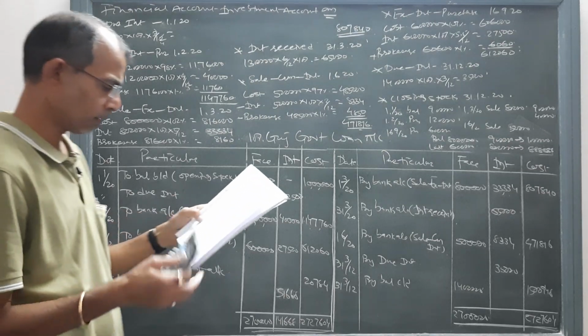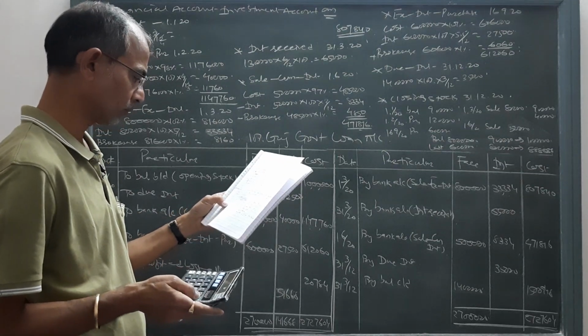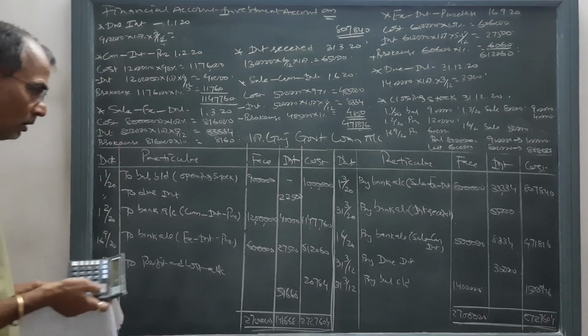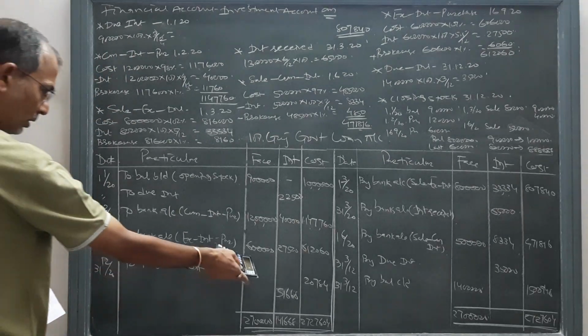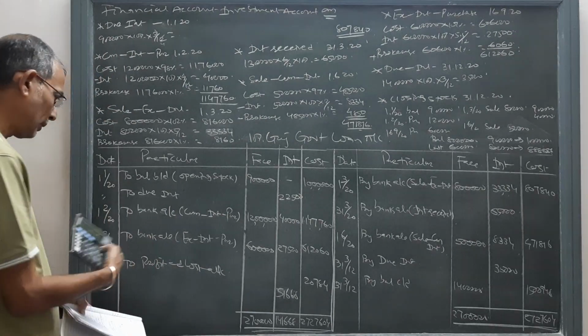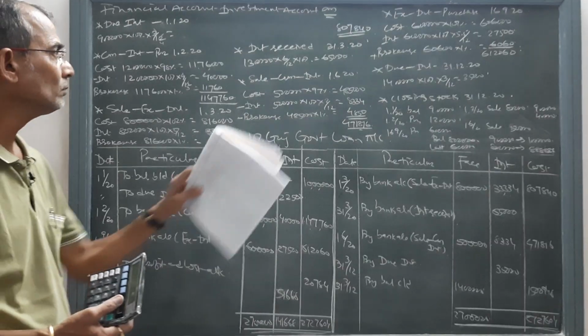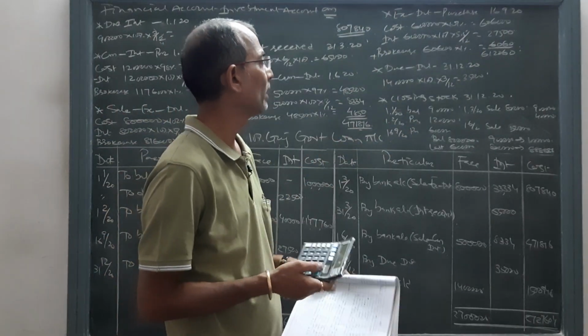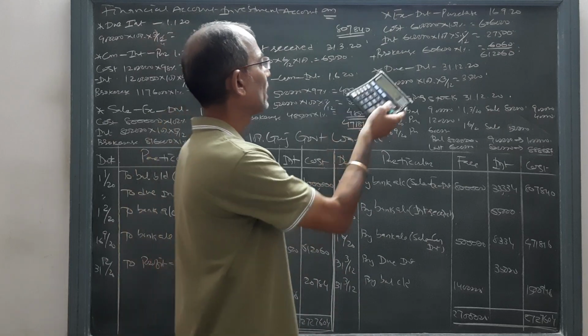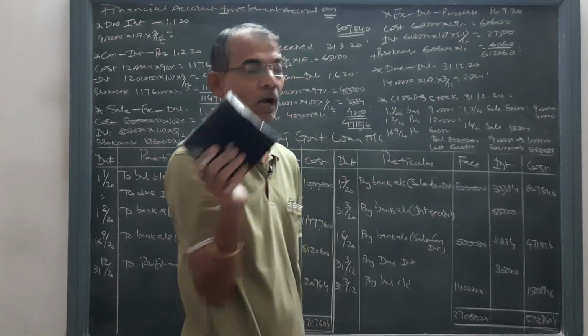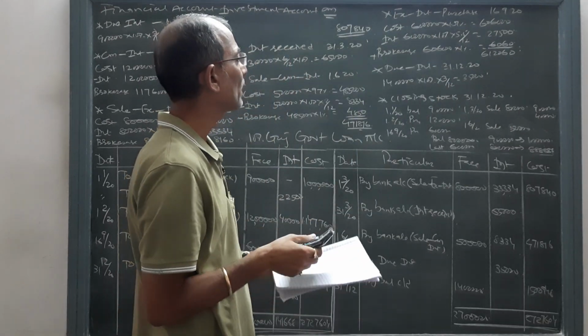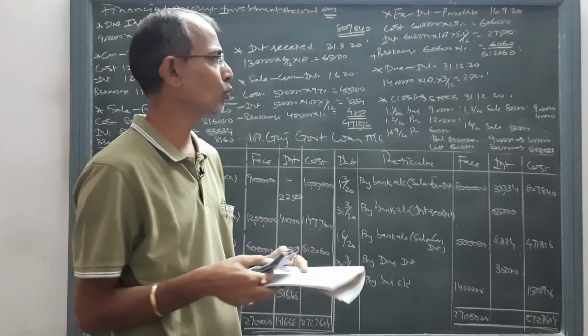Then after, on 16th September securities of 6 lakh are being purchased. On the debit side, ex interest at 101%, interest 10% for 5.5 months, and brokerage 1% of 6 lakh 6,000.